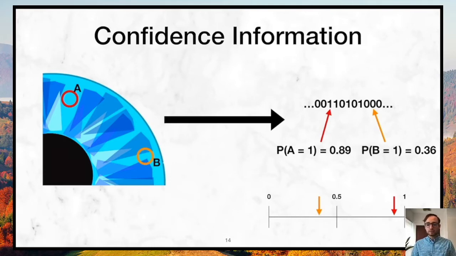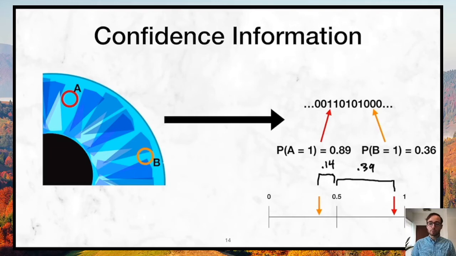The relative distance between the probability we ascribe and 0.5 is how confident we are in this description. So A would be represented by this distance, which is 0.39, and B would be represented by this distance, which is 0.14.